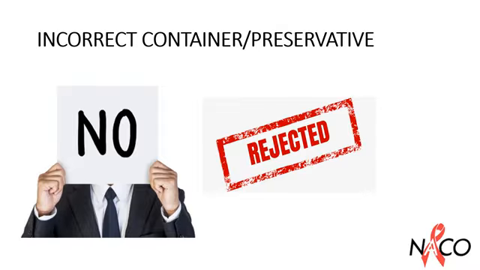Culture specimens should always be collected in sterile containers. Specimens received in incorrect containers, or with or without appropriate preservative or anticoagulant, which would invalidate the results will require recollection wherever possible.